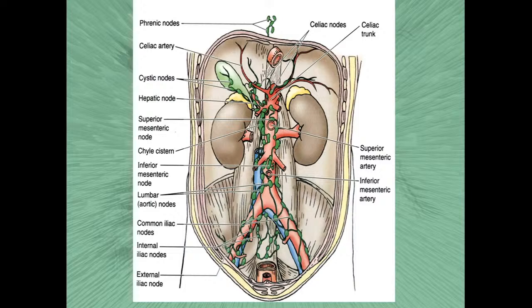And if you remember the regions of supply by the mentioned arteries, you can easily describe the lymphatic drainage from the organs supplied from the arteries.